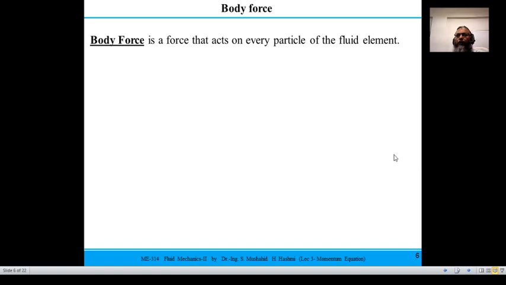Body force is the force that acts on every particle of the fluid element. Just take the example of weight. Think of mass as composed of several particles, and each and every particle of the body is being acted on by gravity. So the total weight of the body is the sum of the weight of each particle.